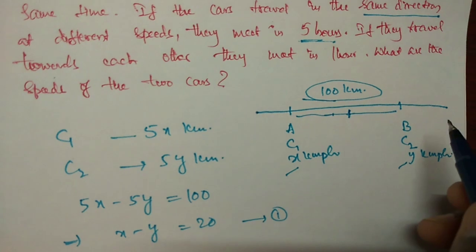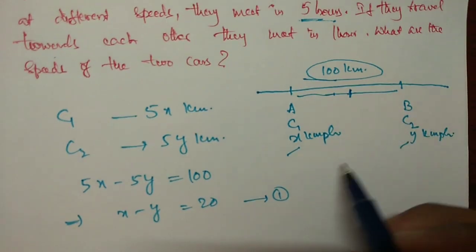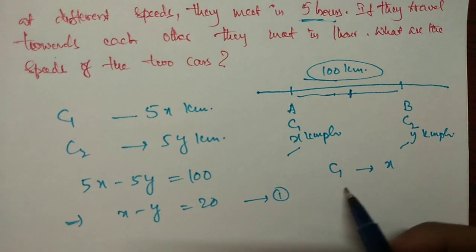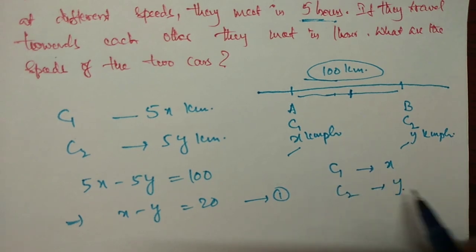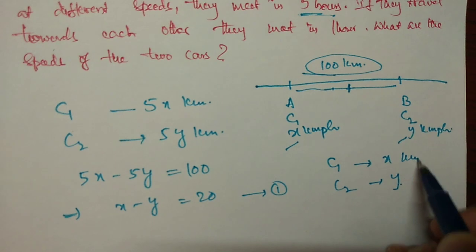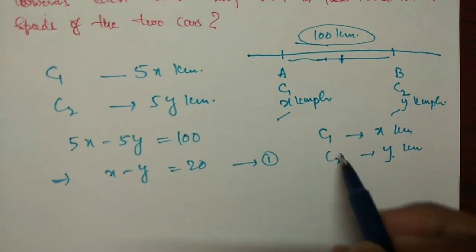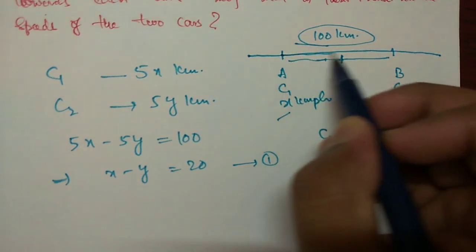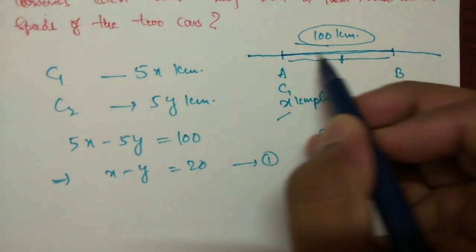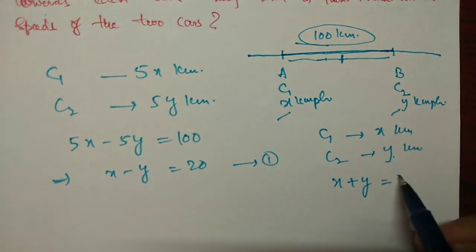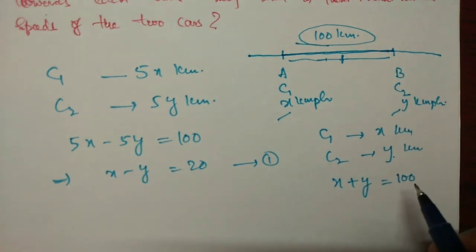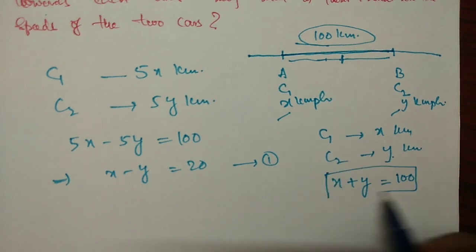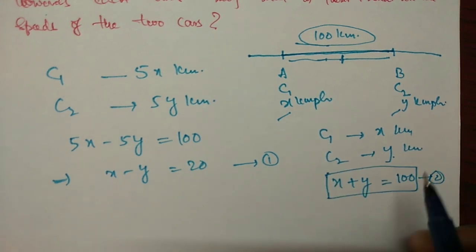So the time taken is 1 hour, so car 1 travels x kilometers, car 2 travels y kilometers. If you add these two, x plus y, then the total distance covered from A to B, we will get it. So x plus y equal to 100.